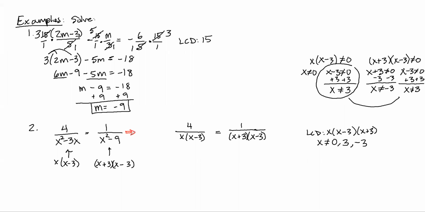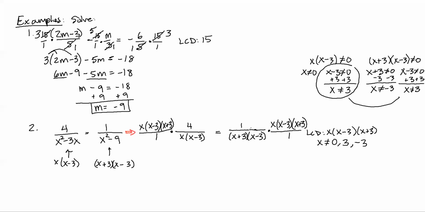There we go. Now, let's go ahead and multiply each of these by the LCD. Remember, our LCD is x times x minus 3 times x plus 3 over 1. And then we'll do the same thing on the right. So x times x minus 3 times x plus 3 over 1.